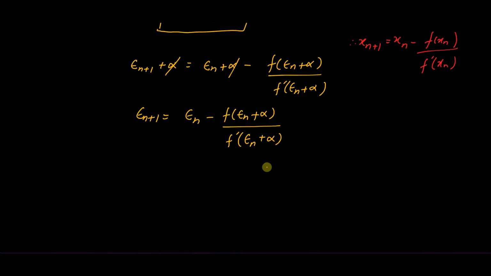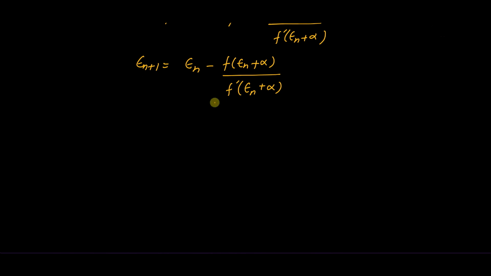Now we need to substitute back a few equations in place of epsilon_n + alpha. For that we are going to consider Taylor's theorem.